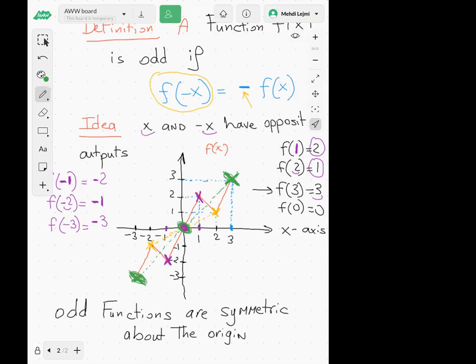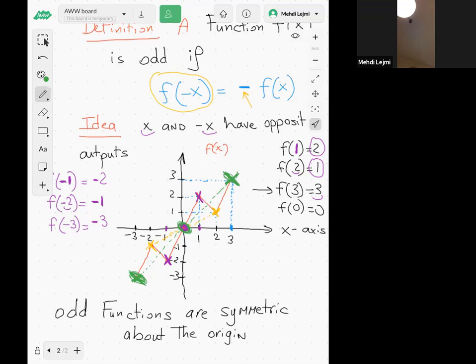That's what I mean by symmetric about the origin. It's like the origin would be in the middle of the segment. Right. So that's the definition of odd functions.